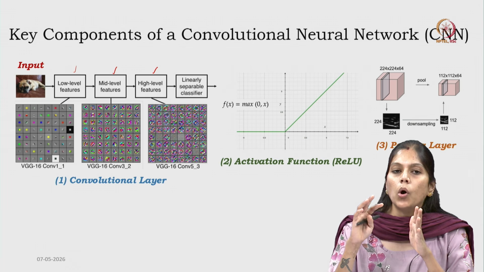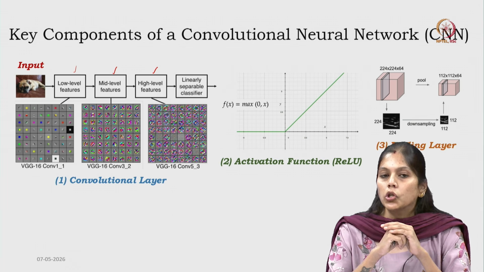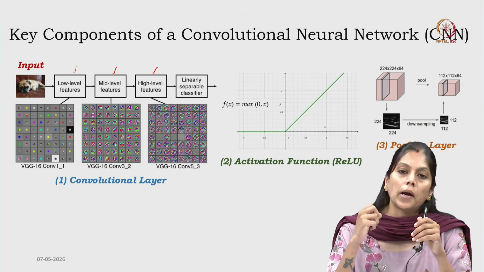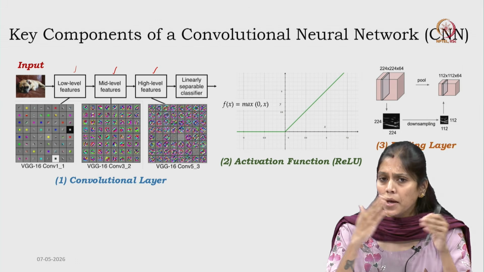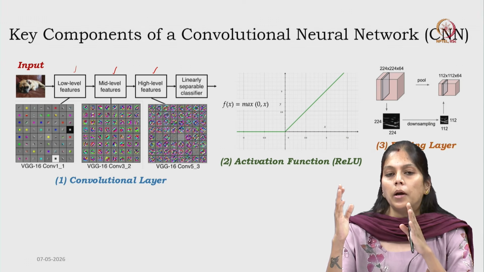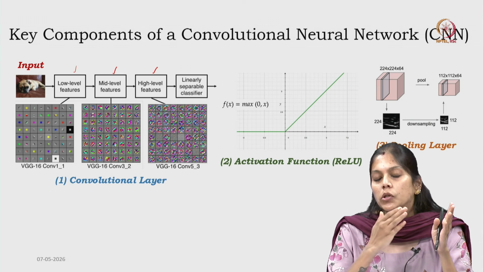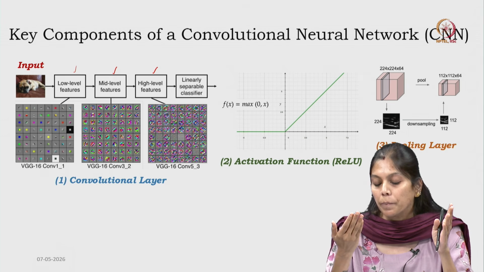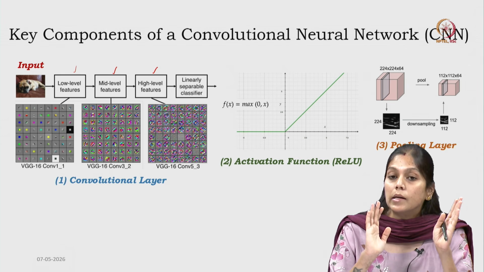So in order to avoid this, we first do a convolution layer where we extract the features. Then we pass it to an activation function, which will eliminate all those features which do not contribute much, but we have still not reduced the size.